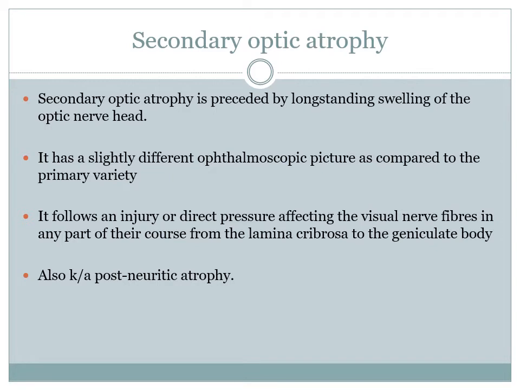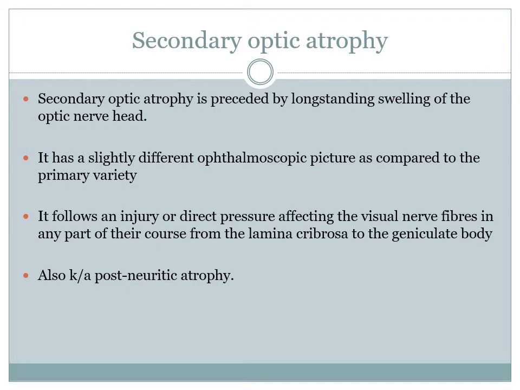It has a slightly different ophthalmoscopic picture as compared to primary. So it definitely has a different fundoscopic picture as compared to primary. Again, repetition: it follows an injury or direct pressure affecting the visual nerve fibers in any part of their course from lamina to geniculate. Now, what we have seen in primary is retrolaminar to geniculate.